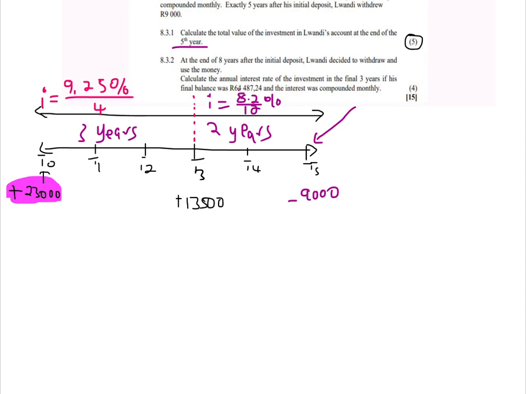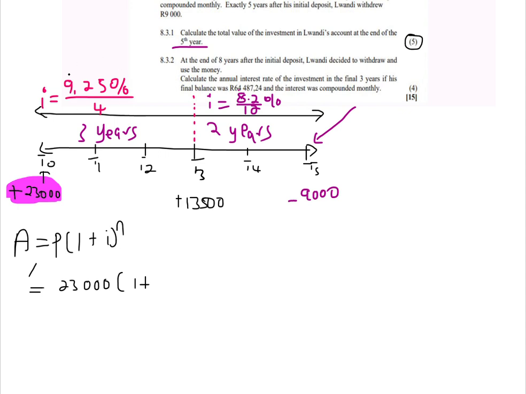Now let's see. I'm gonna start with the first payment of 23,000. The formula says that A is equal to P multiplied by 1 plus i to the power of n. The initial amount is 23,000. So this will be equal to 23,000 multiplied by 1 plus the interest rate.